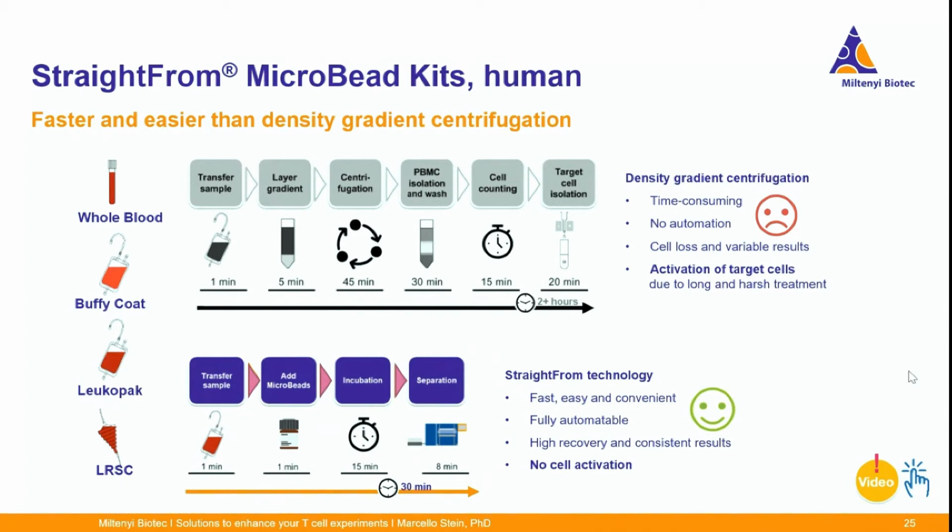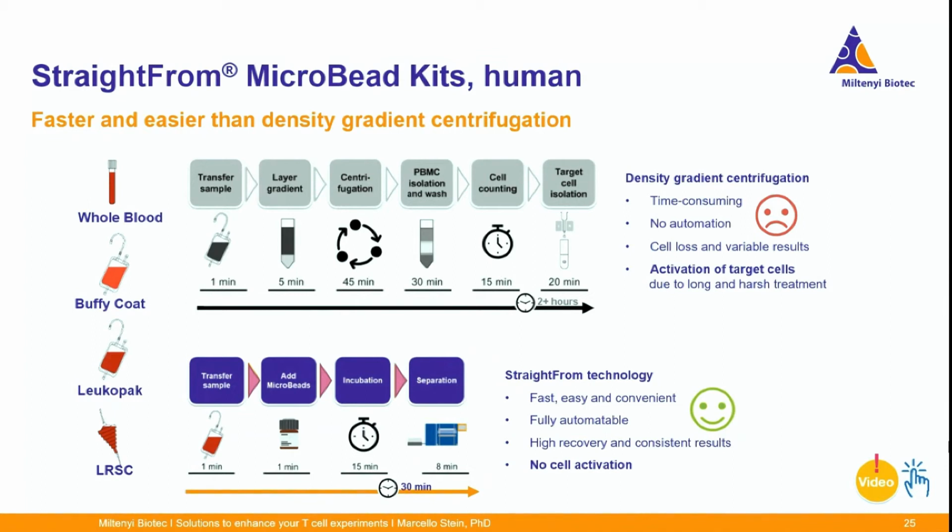Furthermore, a significant amount of target cells may be easily lost in a user-dependent fashion. In addition, harsh and long handling as well as some gradient media may affect the cells, at least to some degree, so act carefully.